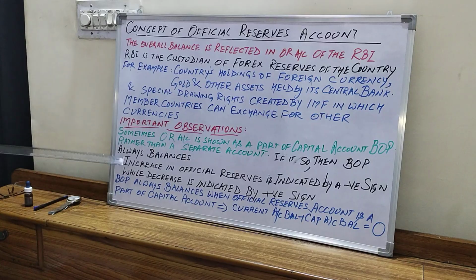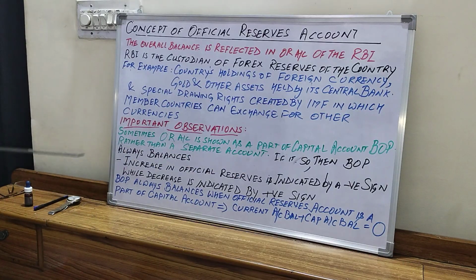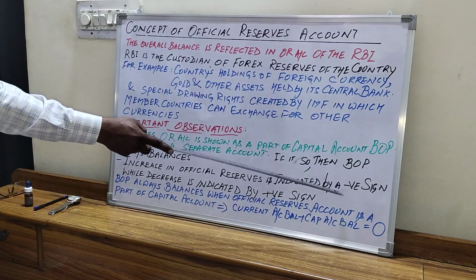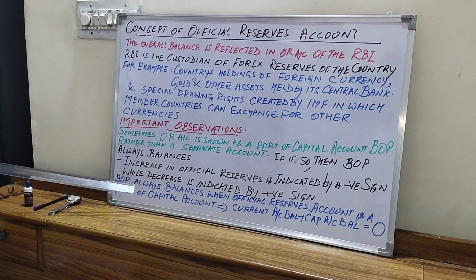Be careful. Number 2, an increase in official reserve is indicated by a negative sign, while a decrease in official reserve is indicated by a positive sign. So always be careful while doing the question and writing the answer.